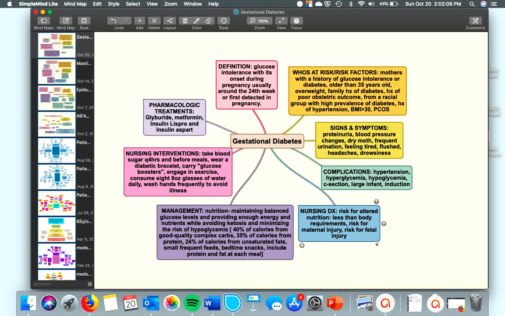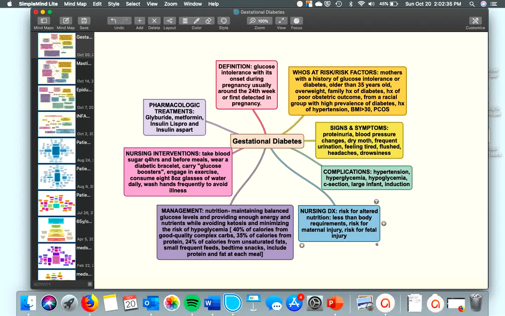They want to maintain a balanced glucose level while providing enough energy and nutrients, while also avoiding ketosis and minimizing the risk of hypoglycemia. They can do this by consuming 40% of their calories from good quality complex carbs, 35% of their calories from protein, 25% of their calories from unsaturated fats.